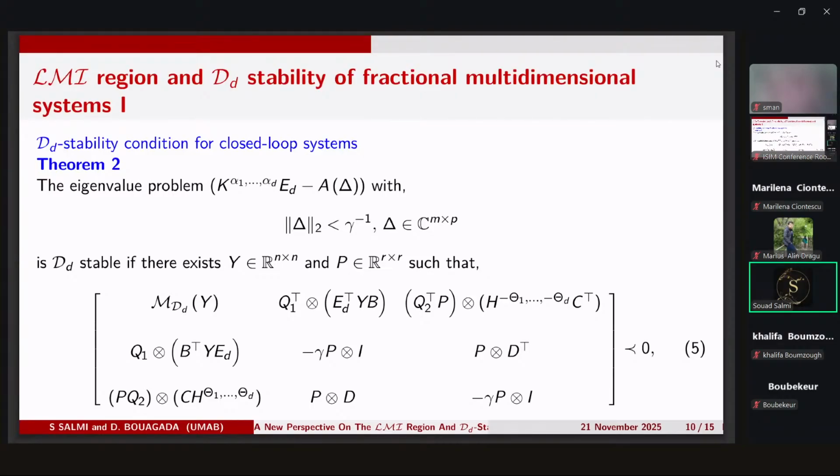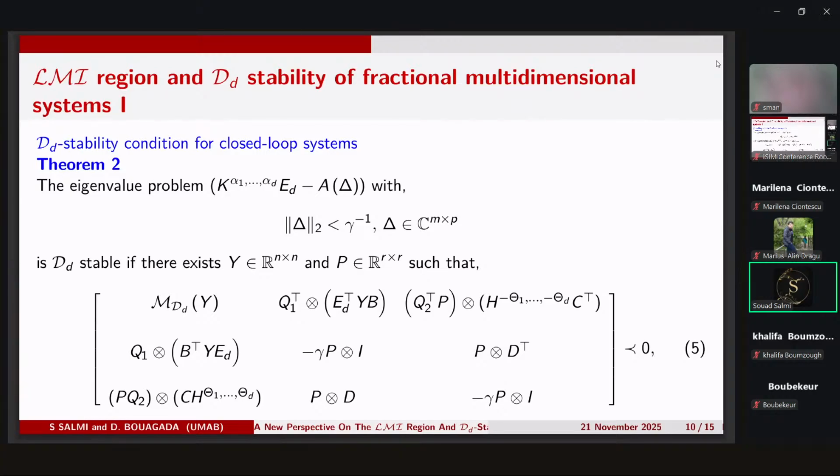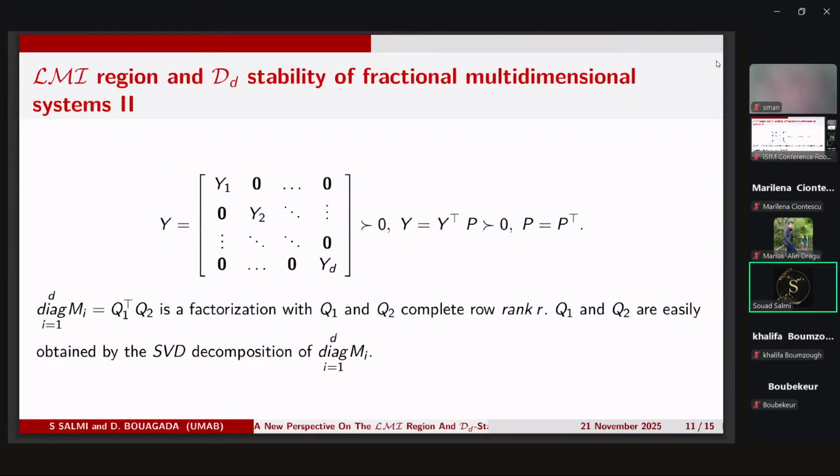For the perturbed closed loop system, our second main result establishes a sufficient condition for robust D-stability. Theorem 2, the closed loop system 2 remains stable in the region D for all perturbations delta, where the norm 2 of delta is strictly less than gamma to the power minus 1, if there exist matrices Y and P positive definite such that the LMI 5 is satisfied, where Q1 and Q2 are obtained by the singular value decomposition of the matrix diag(M_i), where i varies from 1, 2, to D.